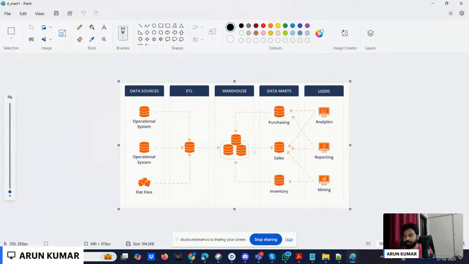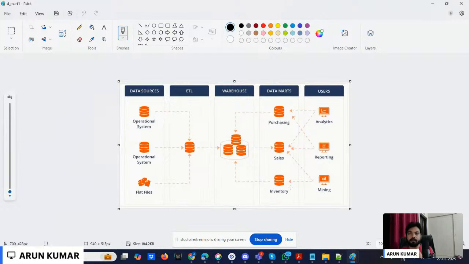From here, the data of purchasing has been kept in one data mart, data of sales in another data mart, and data of inventory, like what products the organization has, in another data mart. So all three teams working on purchasing, sales and inventory have separate storage locations. They access only the data of their particular department and work on that data.